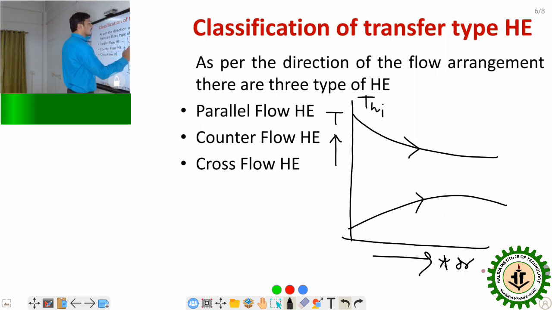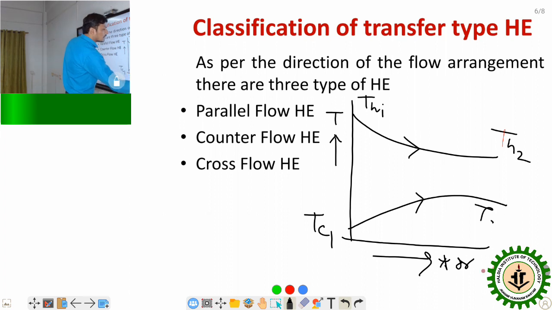This is TH1, and this is TH2, and this is TC1 and TC2. This is the hot fluid inlet temperature TH1, and this is the hot fluid outlet temperature TH2.